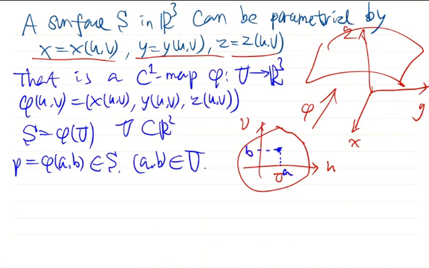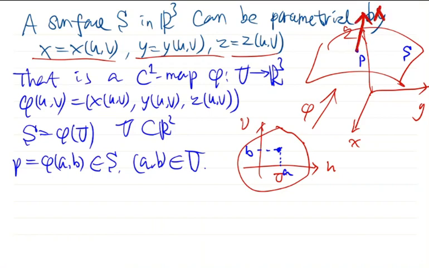The image of this point is a point in the surface. That is our P. Now we want to find the normal vector of the surface S at the point P. We want to find the normal vector at P.